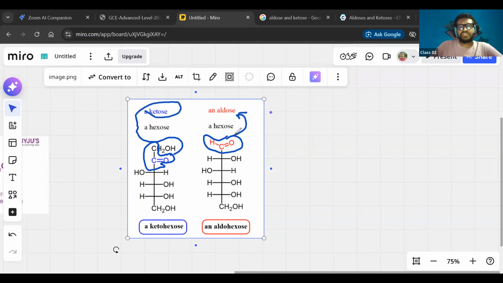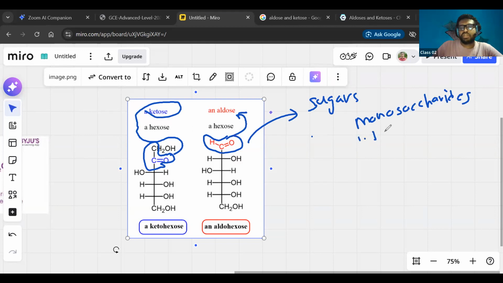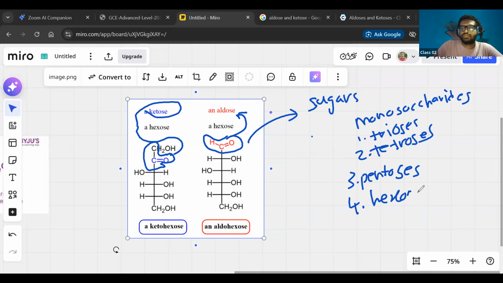Because of this, usually sugars like monosaccharides, which include trioses, tetroses, pentoses, hexoses, and so on, and even a 7-carbon molecule will come under monosaccharides.